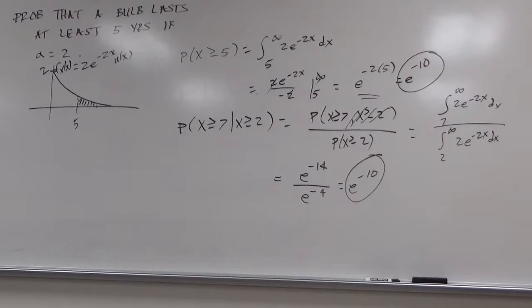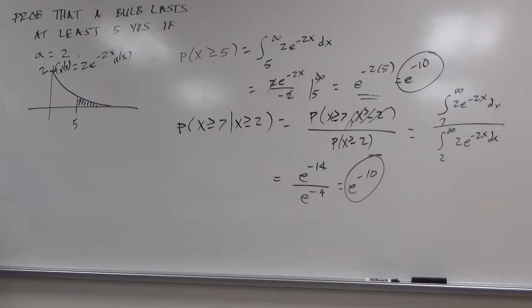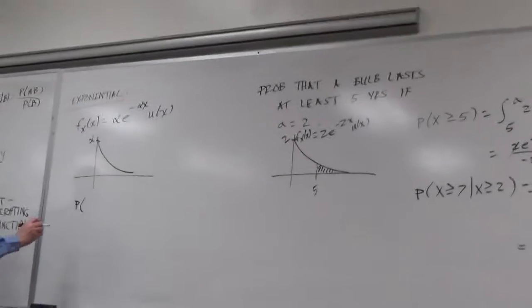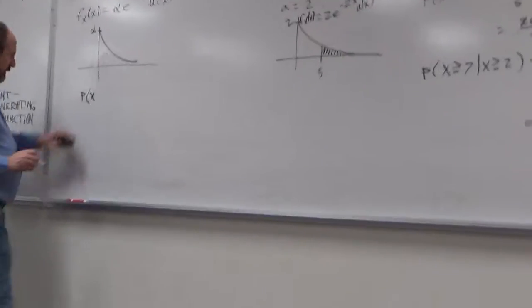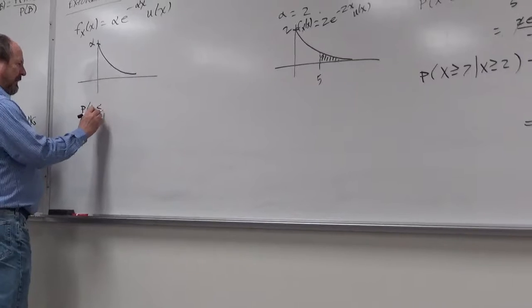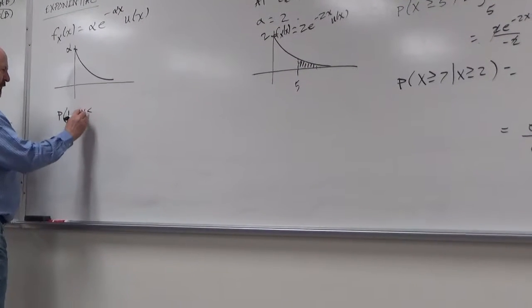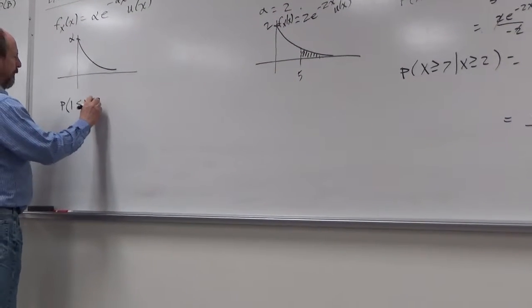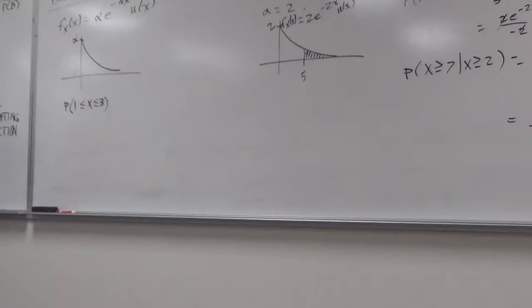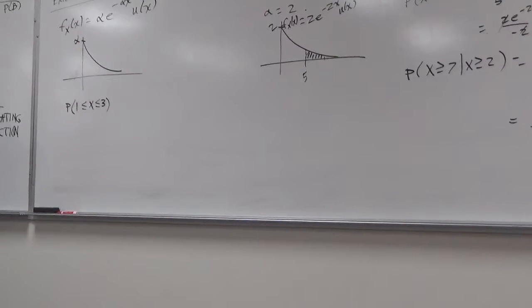One last thing, and just kind of a conceptual problem. Let me give you a different problem: what is the probability that 1 is less than or equal to x less than or equal to 3? Can you tell me, right up there, there's a picture, how am I going to find it?